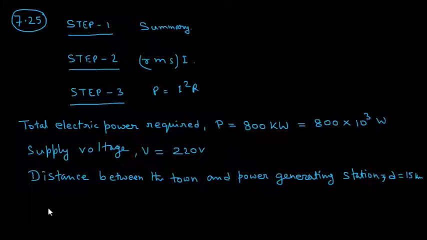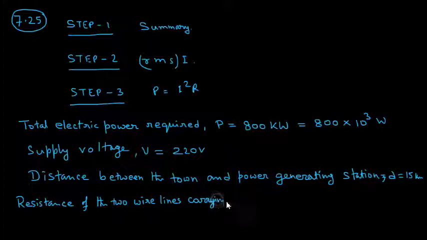Resistance of the two wire lines carrying power is equal to 0.5 ohm per kilometer.